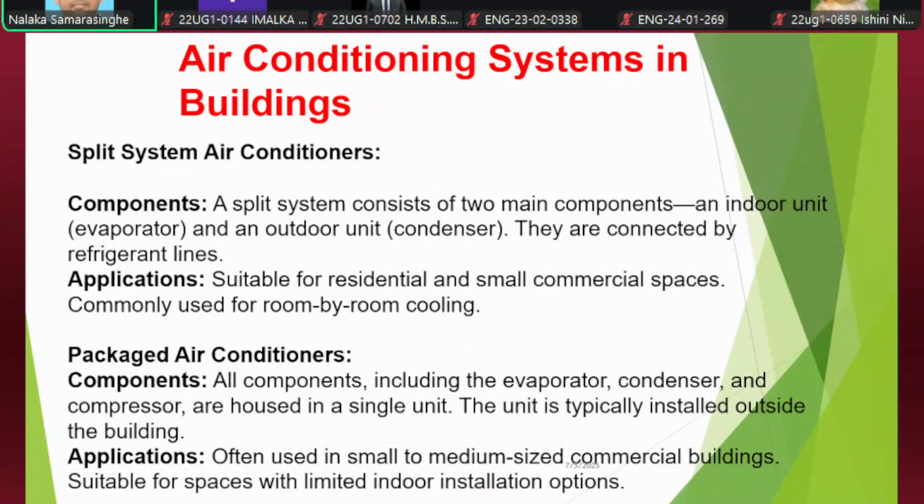This kind of packaged air conditioner is used in commercial buildings, usually supermarkets, and in certain hospitals and maybe in buildings inside universities. Since they are of relatively higher capacities, they can be used to condition air inside some relatively large spaces.